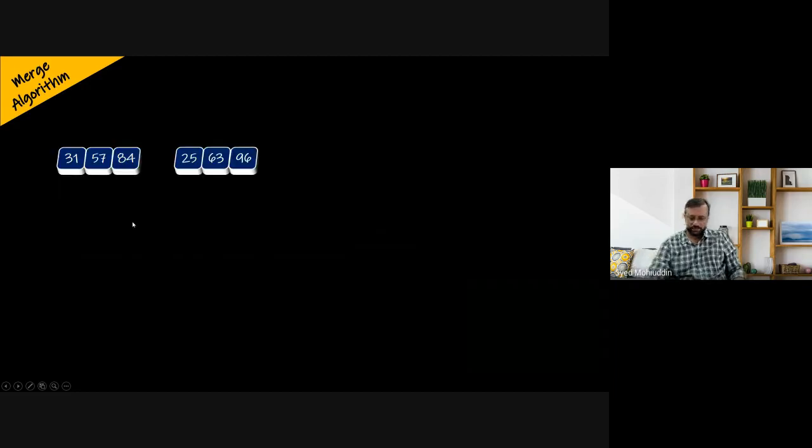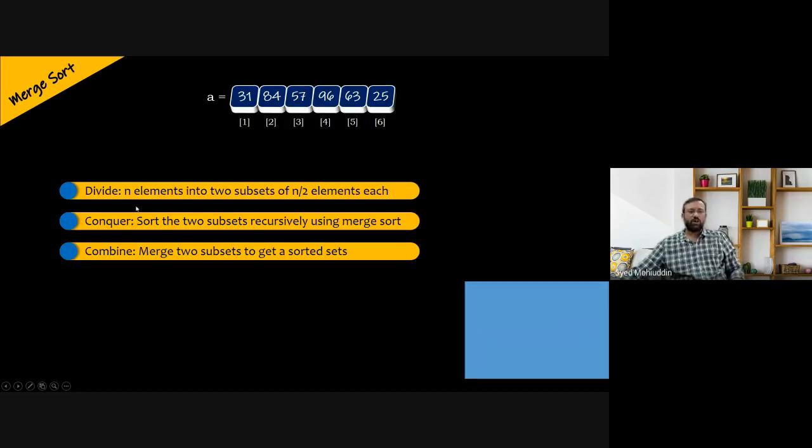The conquer phase is to sort the 2 subsets. When we have a left subset and a right subset, those 2 subsets may also be very large.